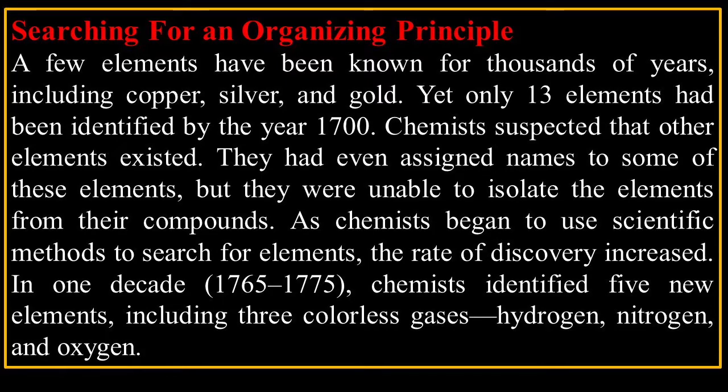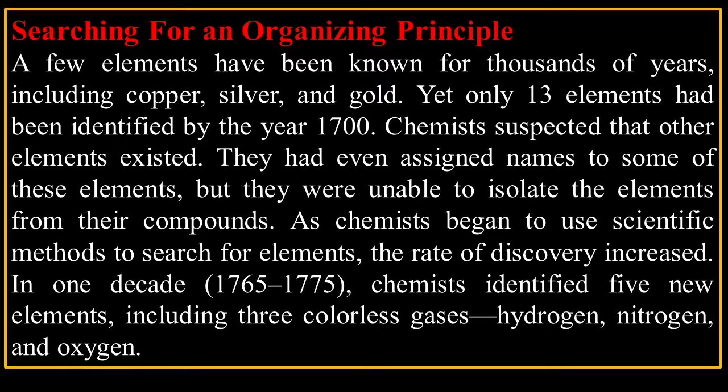A few elements have been known for thousands of years, including copper, silver, and gold. Yet only 13 elements had been identified by the year 1700. Chemists suspected that other elements existed. They had even assigned names to some of those elements, but they were unable to isolate the elements from their compounds.